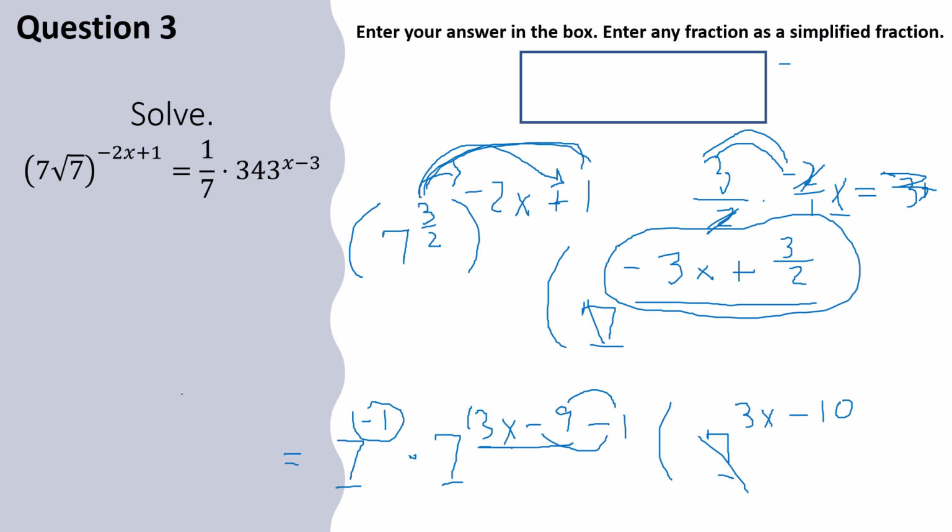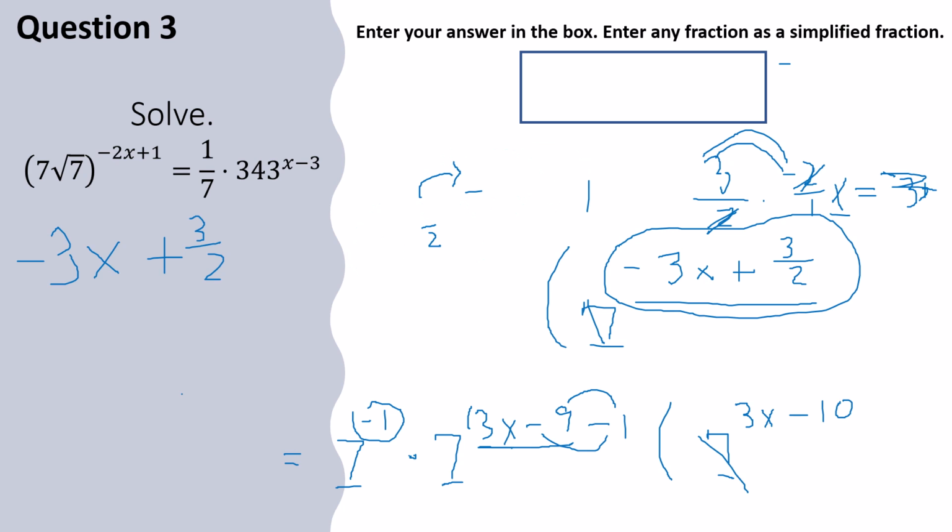All right, let's take that exponent, negative 3x plus 3 halves. I got a little gung-ho there. I need a little bit more room. Erase this part too. Is equal to, the other exponent is going to be 3x minus 10.